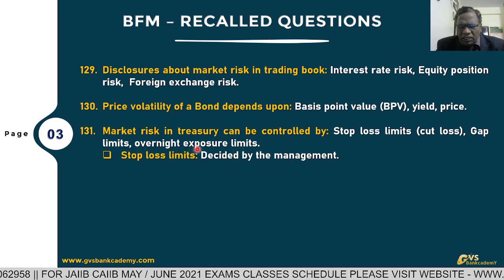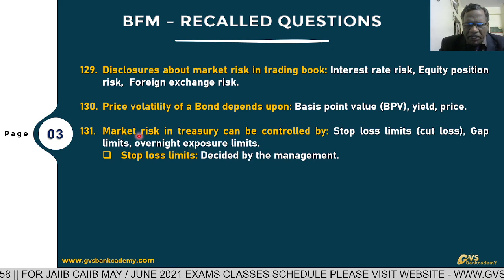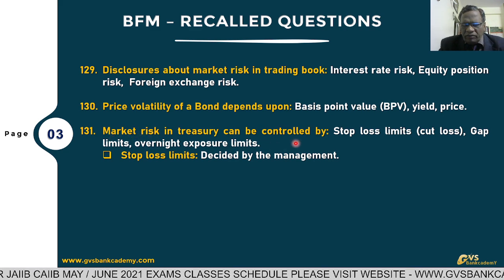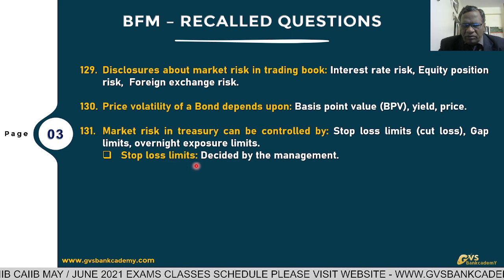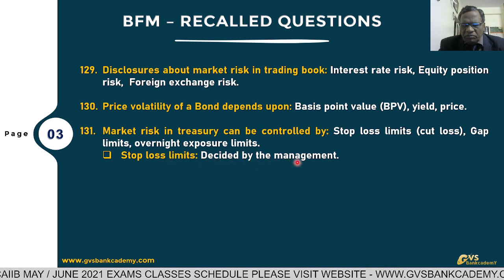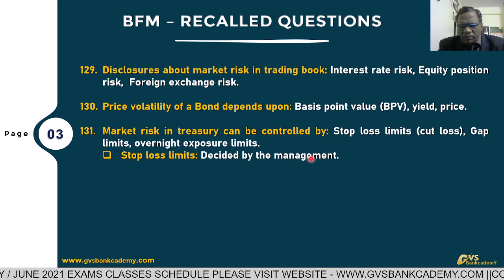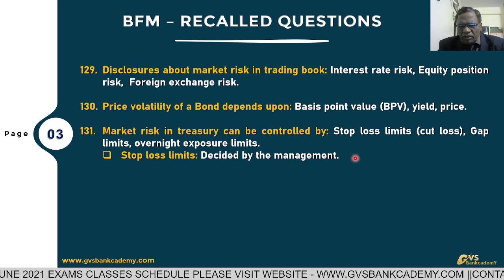By putting these three limits, the bank can mitigate, reduce and control the market risk very well. Now, stop loss limits, who will decide? The top management will decide, and it will be mentioned in the investment policy or treasury policy of the board.